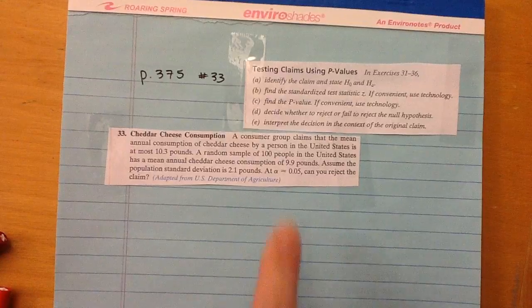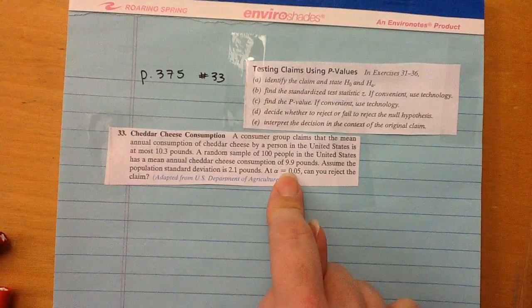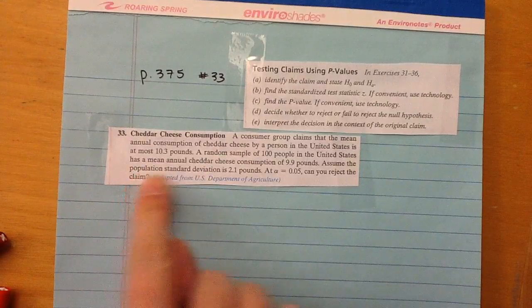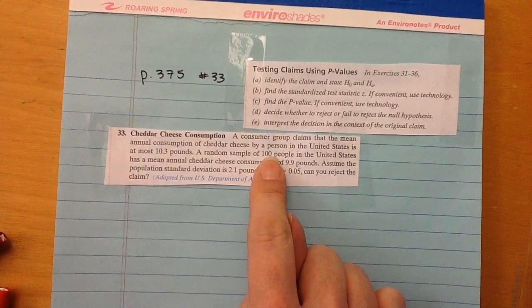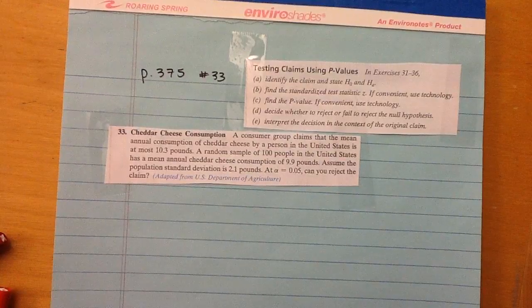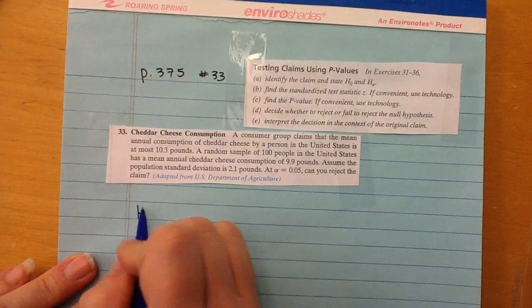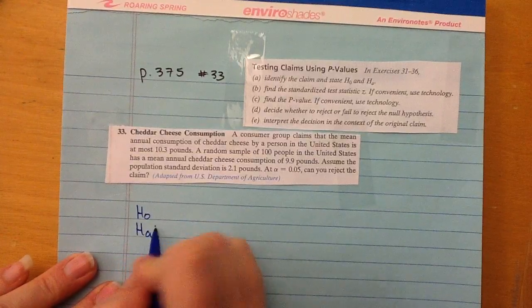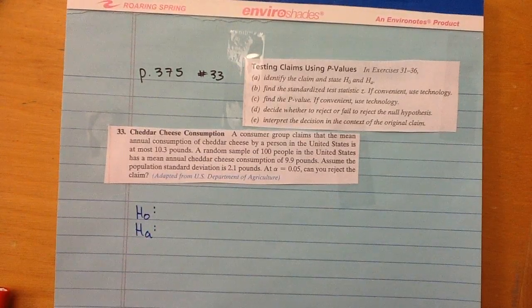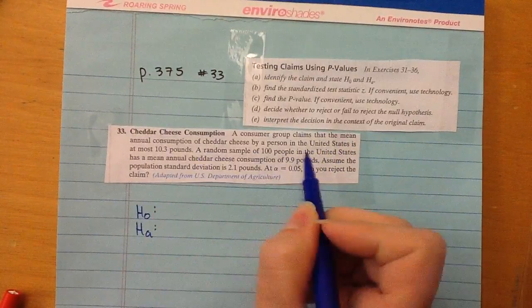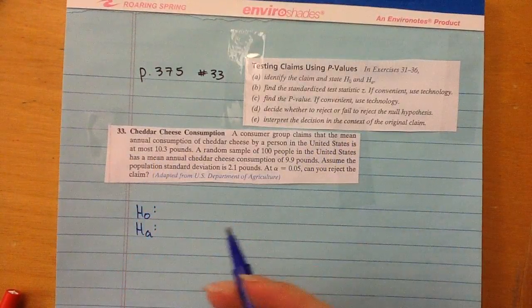So sigma is known, it's right there. The sample is random, says right there. And our sample size is bigger than 30, so step 1 is done. Step 2 was to state h sub 0 and h sub a and identify which one is the claim. So this consumer group claims that mean consumption is at most 10.3 pounds.